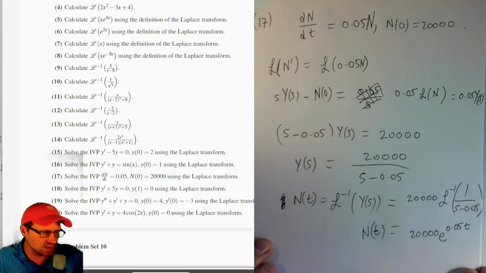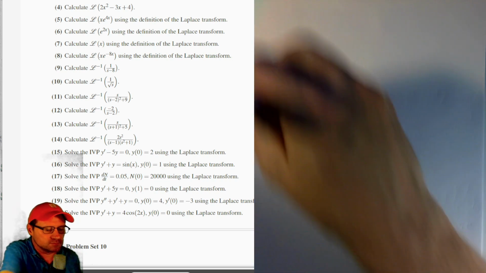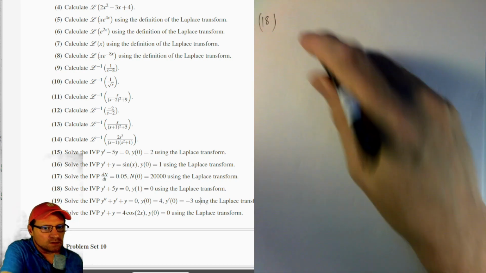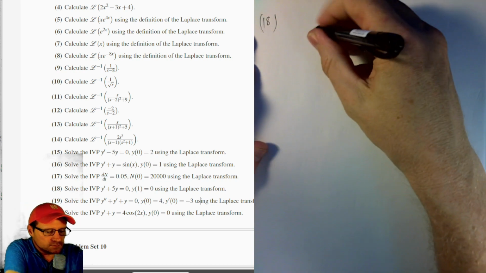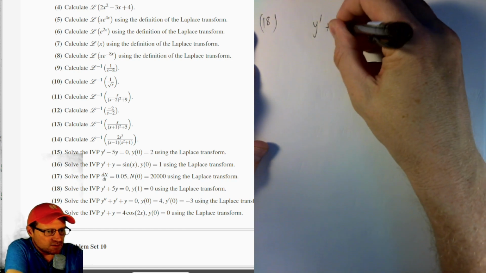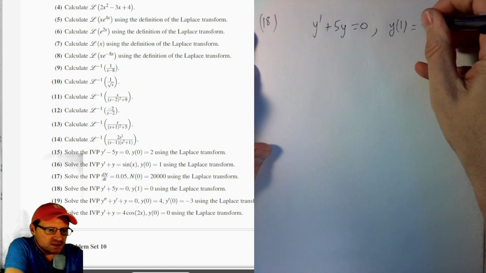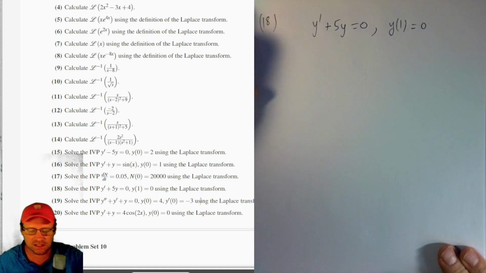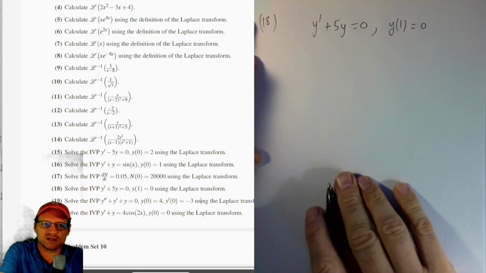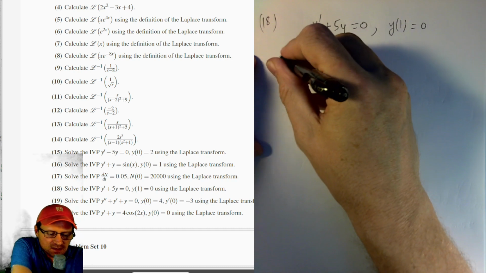All right, question 18. y' plus 5y equals 0. y(1) is 0. Do this with the Laplace transform. Okay, let's take the Laplace transform of both sides here.